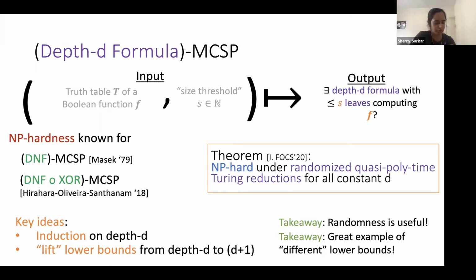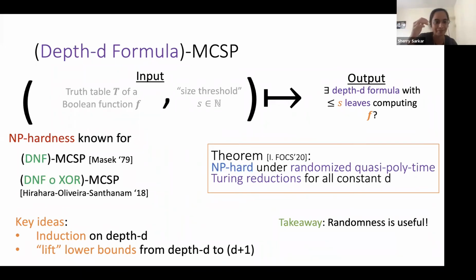Just to understand, what are you using randomness to extract exactly? Hard instances? Is it easy to describe how exactly you used randomness in the first few examples that you gave? In the previous two results, we used randomness just to sample a uniformly random function, and we use the fact that that uniformly random function is going to require large circuits.